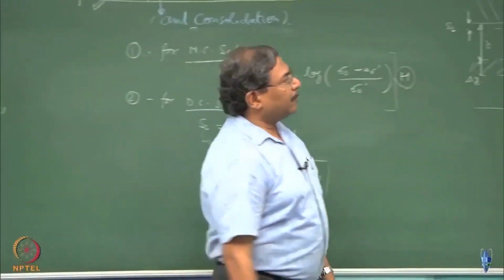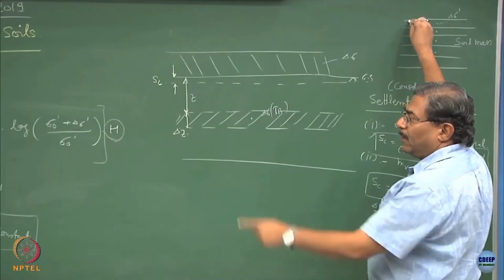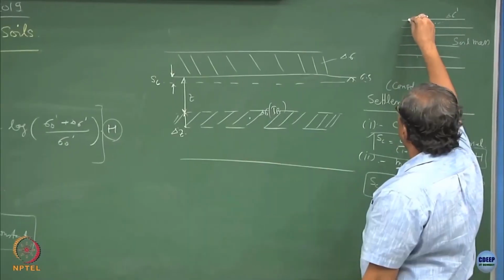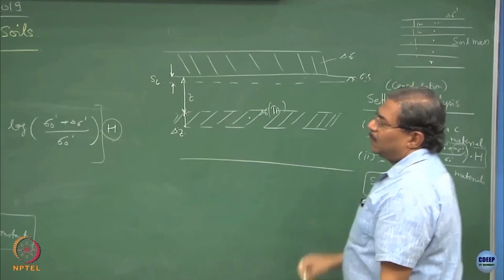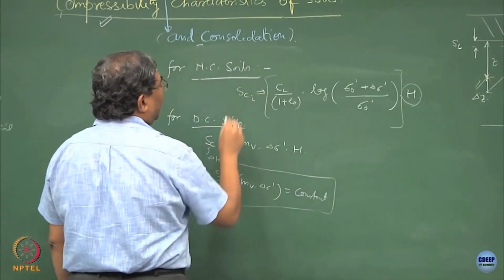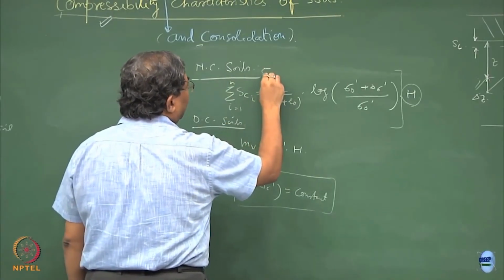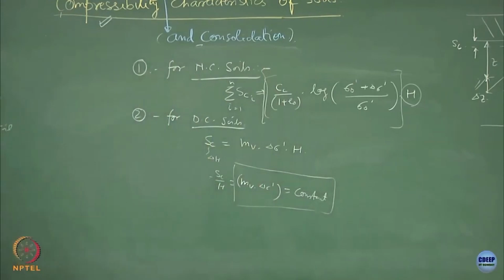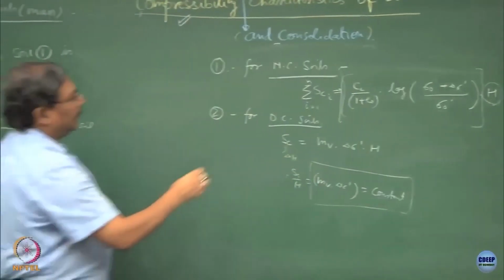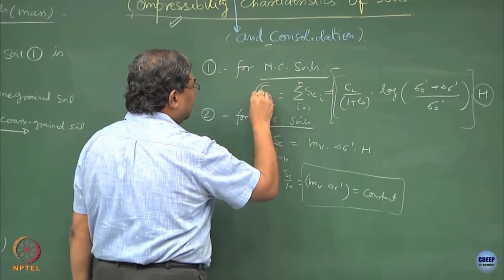So, when we do this type of analysis, we keep on summing up all these settlements which are going to come from different layers. So, here I can write this is Sc i, and then I can sum it up from i equal to 1 to n. Fine. So, this becomes the total settlement of the system.